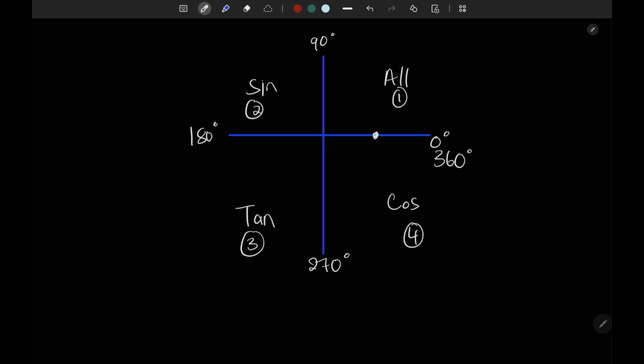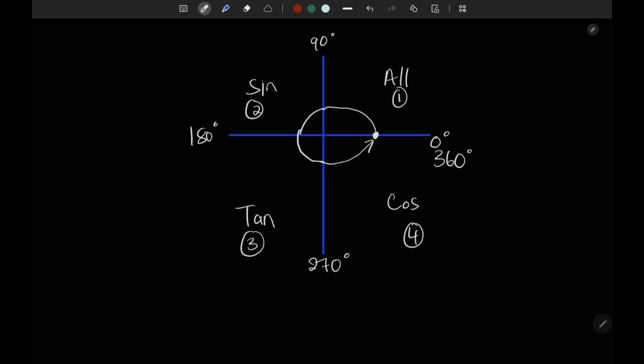This is where your theta starts. So if you go from here to there, you get 90 degrees. If you go from here all the way to there, you get 180 degrees. And if you go from here all the way to there, you get 270 degrees. And if you go all the way around, you get a full revolution, which is 360 degrees.